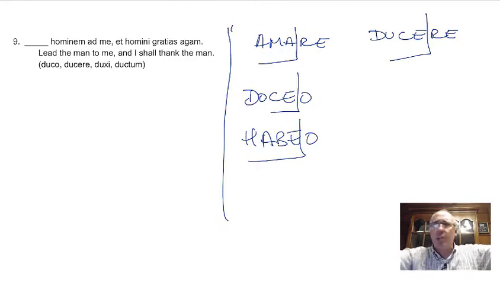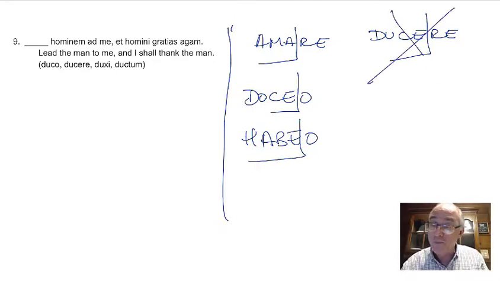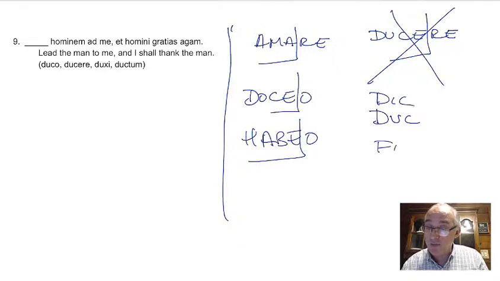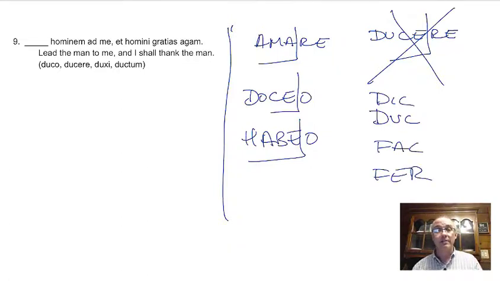Hey, lead all these people here. No. For 4 words in Latin, and only 4 words, the singular imperative is D-U-C for lead, for example. I'll tell you all the 4 words. Dic, duc, fac, fer. How's that? Dic, duc, fac, fer.